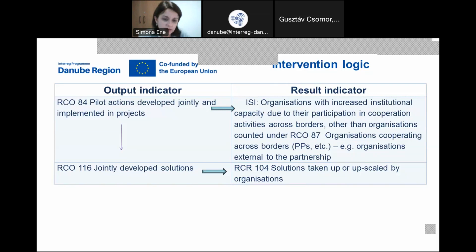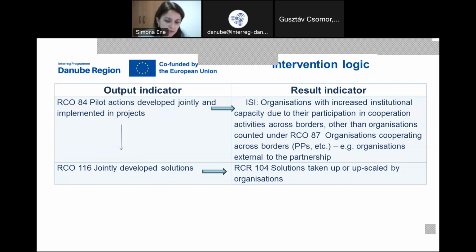The pilot actions are linked to the organizations with increased institutional capacity. And as I said before, this is because it is considered that the organizations involved in the testing of different solutions are actually also increasing their capacity in certain sectors, in certain fields, and this is due to participation in the transnational project.